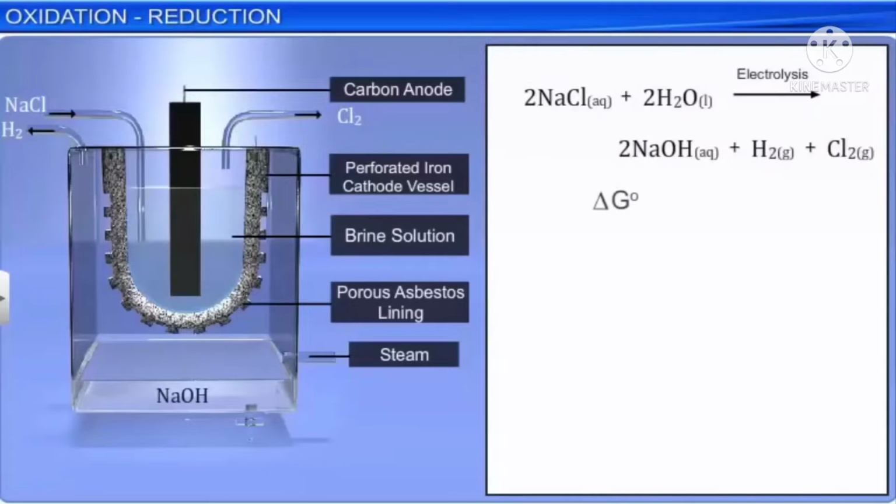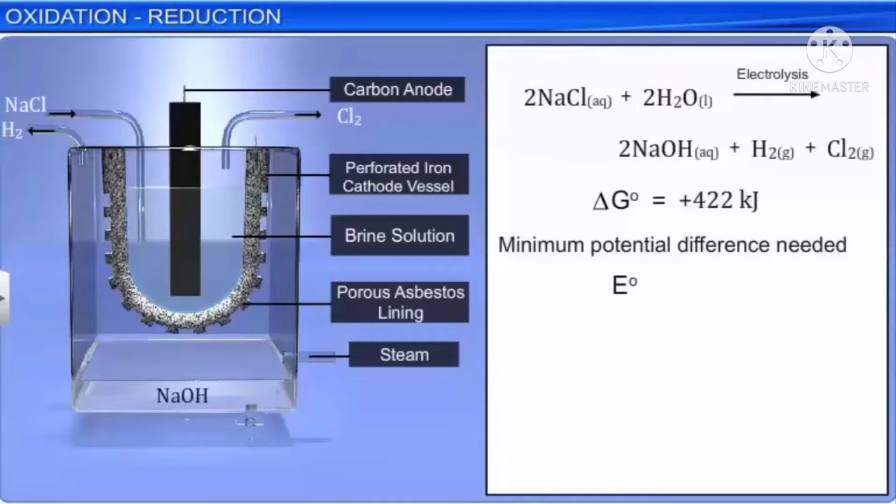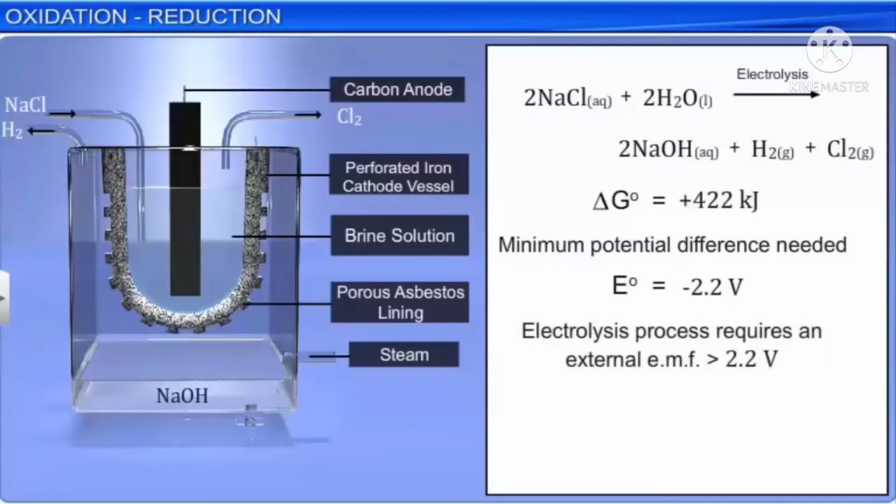The delta G naught for this reaction is plus 422 kilojoules. The minimum potential difference needed for oxidation, E naught, is equal to minus 2.2 volts. Due to overvoltage, the electrolysis process requires an external EMF greater than 2.2 volts.